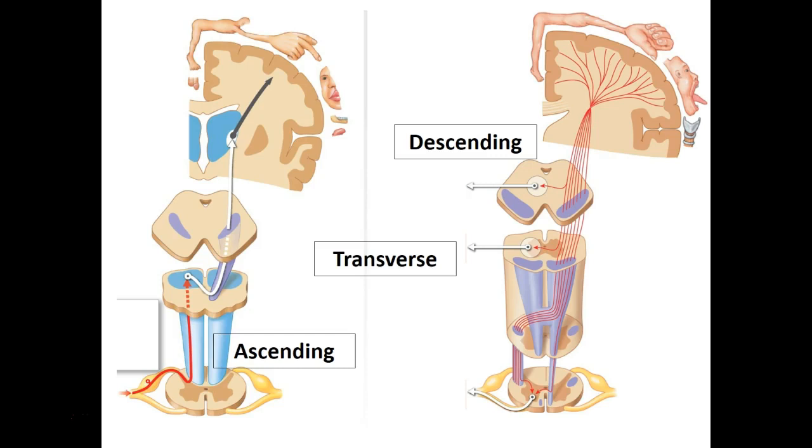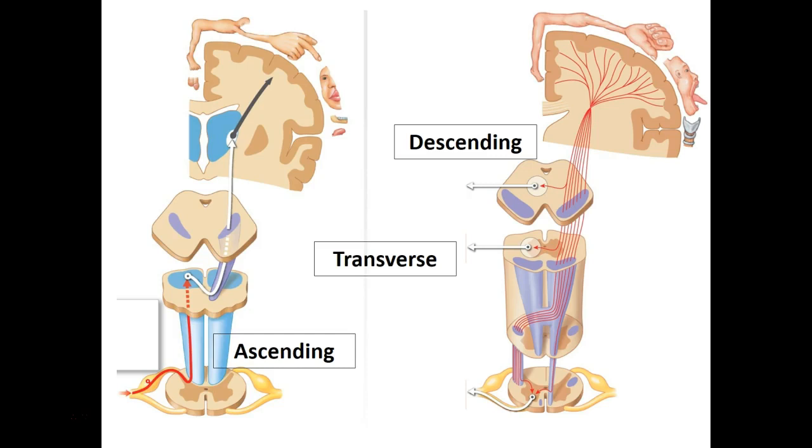We can also have descending tracts. So here we're going to have part of our brain that is formulating the plan, and another part of our brain that's taking that plan and integrating information and sending that plan out to be executed. And so that information that's coming down through the spinal cord in order to get execution of that plan are going to be descending tracts.